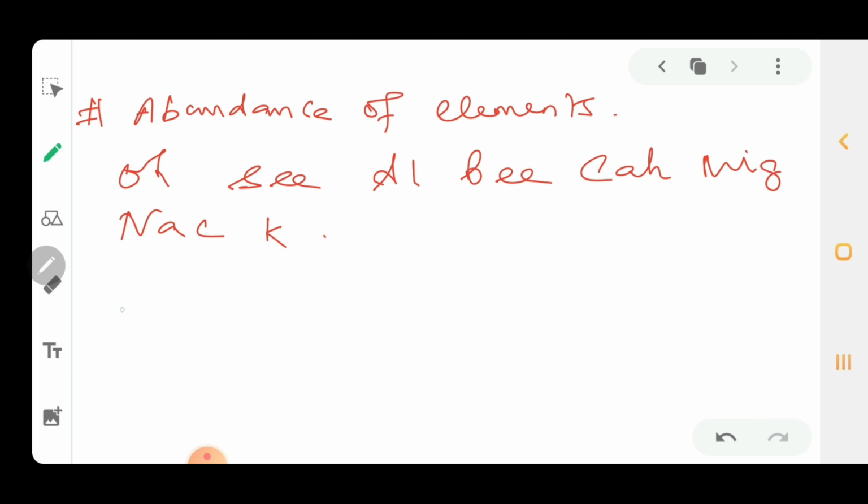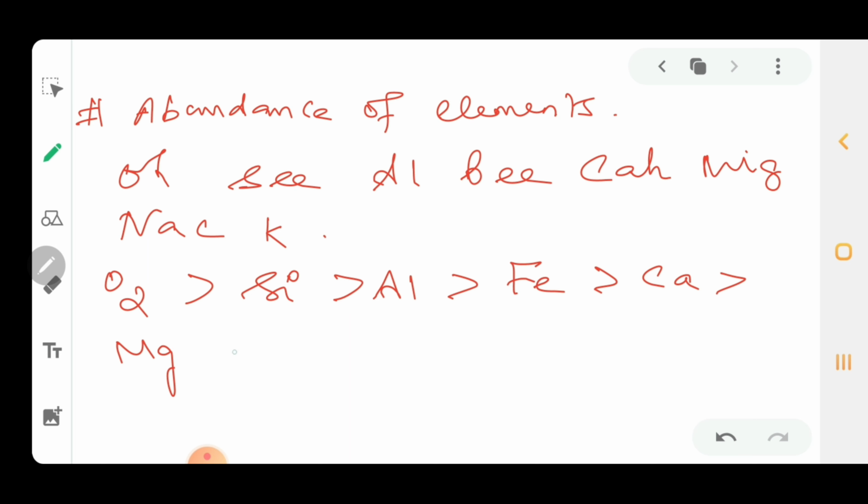So O2 is greater than silicon, that is greater than aluminium, that is greater than iron, that is greater than calcium, that is greater than magnesium, greater than sodium, and greater than potassium. And this is a very simple trick in order to remember the abundance of elements.